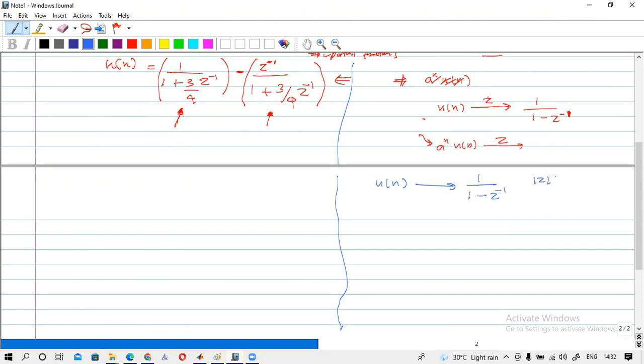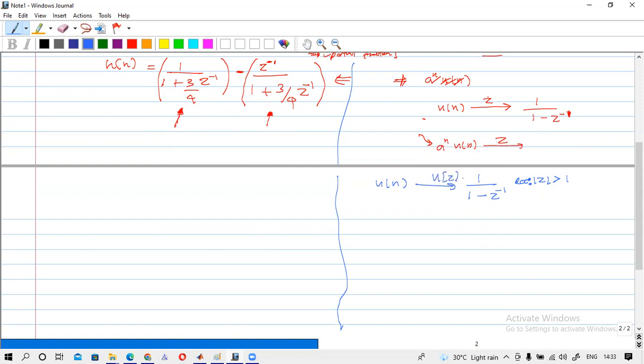If you remember, the ROC is the magnitude of Z greater than 1. This is the ROC of the u[n] function. For this region, where the magnitude of Z is greater than 1, we evaluate U(z).